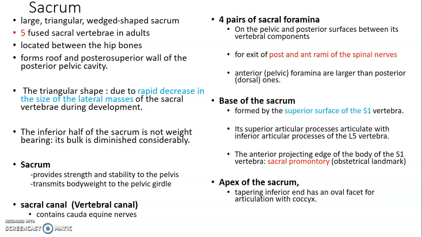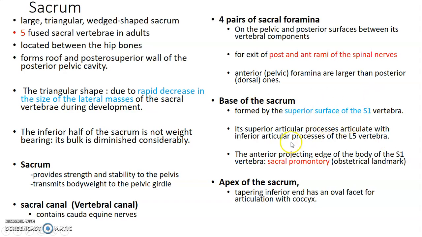This sacral promontory can actually be palpated during obstetric examination, the digital vaginal exam. As you put your fingers through the vagina when a woman is lying supine, you can go deep and palpate the sacral promontory in pelvimetry, where you're trying to check whether the diameter of the pelvis is adequate for the fetus as you prepare for delivery.